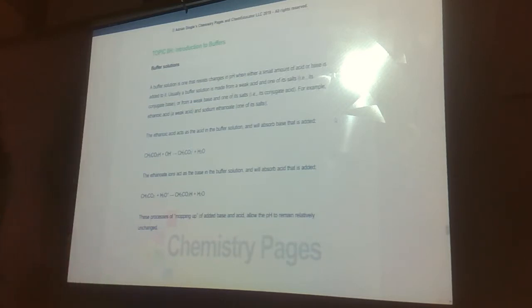Very important. Without buffers, you would die. Our blood is a buffer because what a buffer does is it absorbs acid and minimizes changes in pH. Inversely, it absorbs base and minimizes changes in pH.